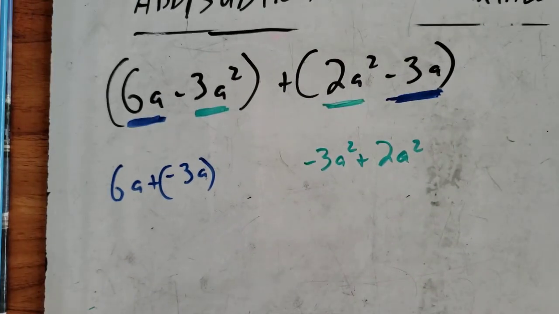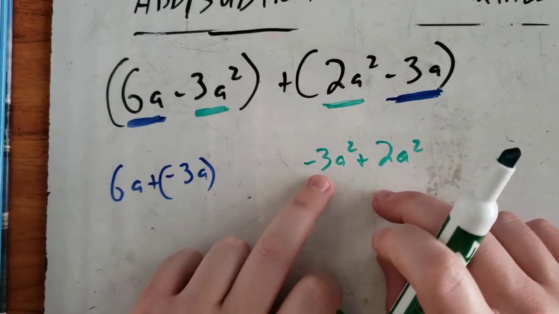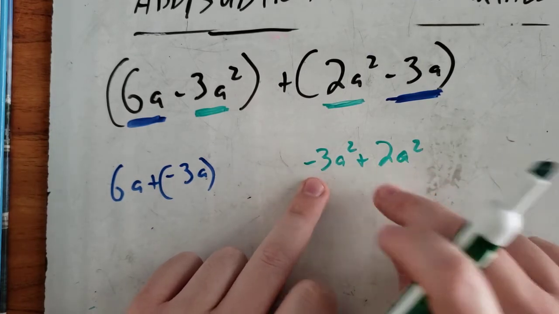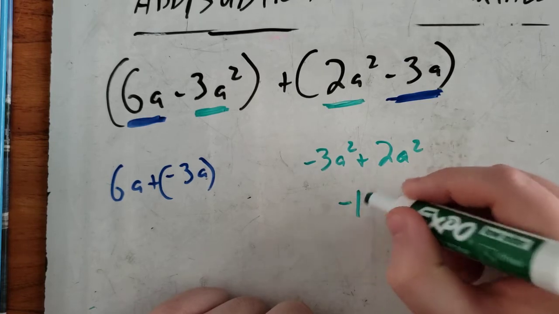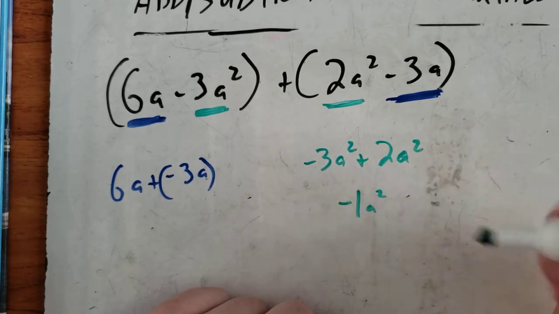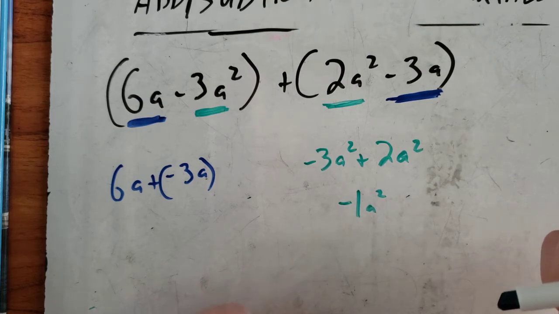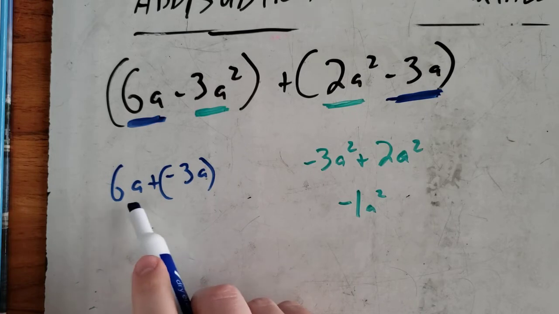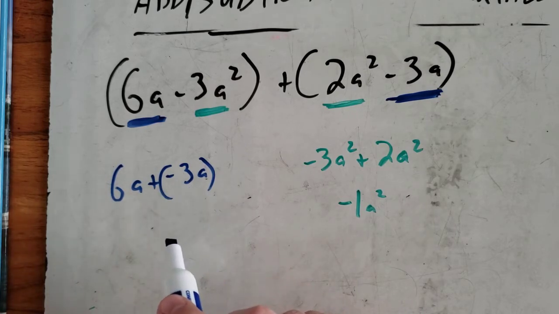Now do the math for them. Negative 3, remember, only adding the numbers. And so negative 3 plus 2 gets us a negative 1, and then we keep our letter and exponent. And then the other one, we have 6a plus negative 3a, which is the same as subtracting.